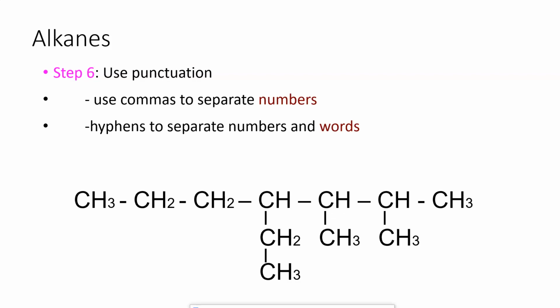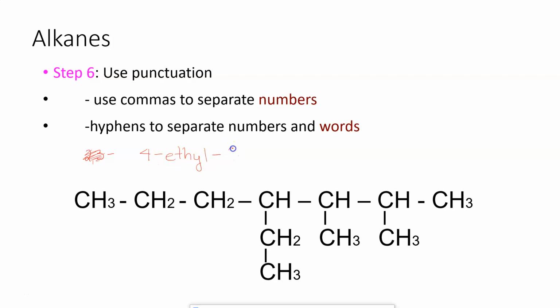So, between numbers, I have to use commas, and that was the reason I separated 2 and 3 with a comma. Then, again, for ethyl, and because this is a number and a word, I use a hyphen.